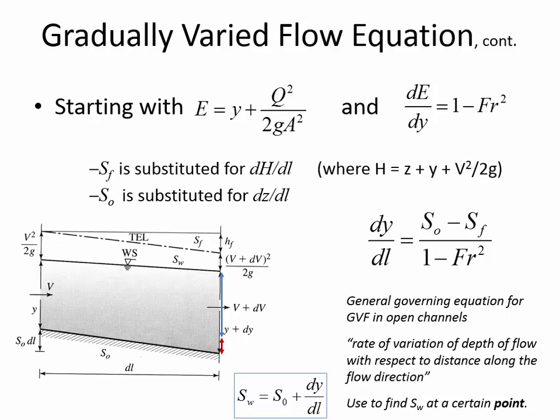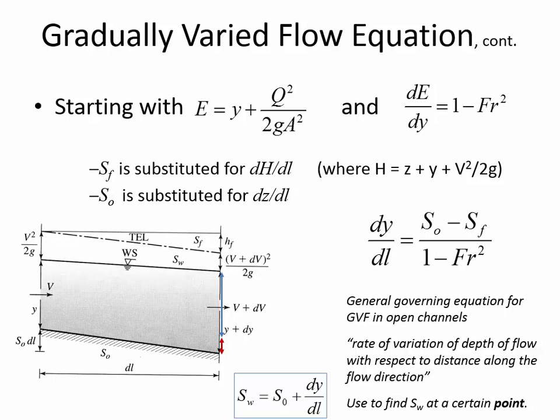But dy/dl can be positive or negative. When you go through the calculations, maybe you'll get a positive value, maybe you'll get a negative value. And that makes sense, because it could be that the water is getting shallower, or it could be that the water is getting deeper. And so here's an example of when dy/dl is negative, and here's an example of when dy/dl is positive.